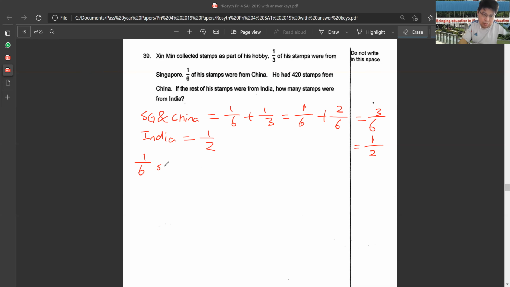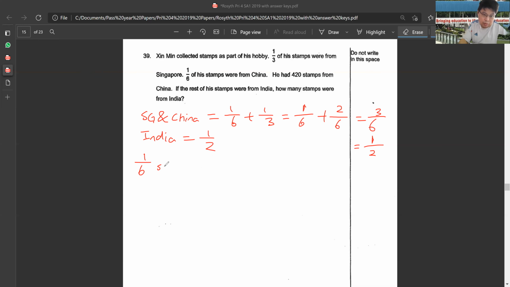So what is 420 times 3? 1660? Wrong. Let's do it here. 0 times 3 equals 0. 2 times 3 equals 6. 4 times 3 equals 12.